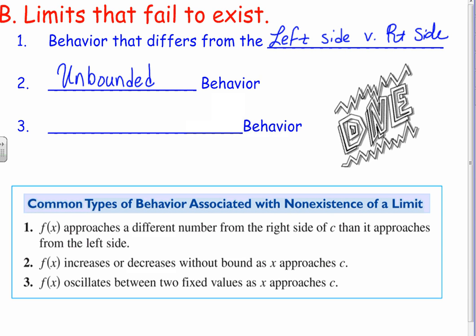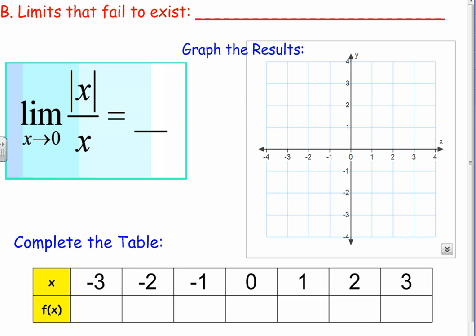Things that go to infinity or to negative infinity. And the third one is oscillating. An oscillating function where it's traveling back and forth so quickly that it's not settling into any particular y value. So the common types of behaviors associated with non-existence of a limit are written there more formally. We just kind of summarized it.